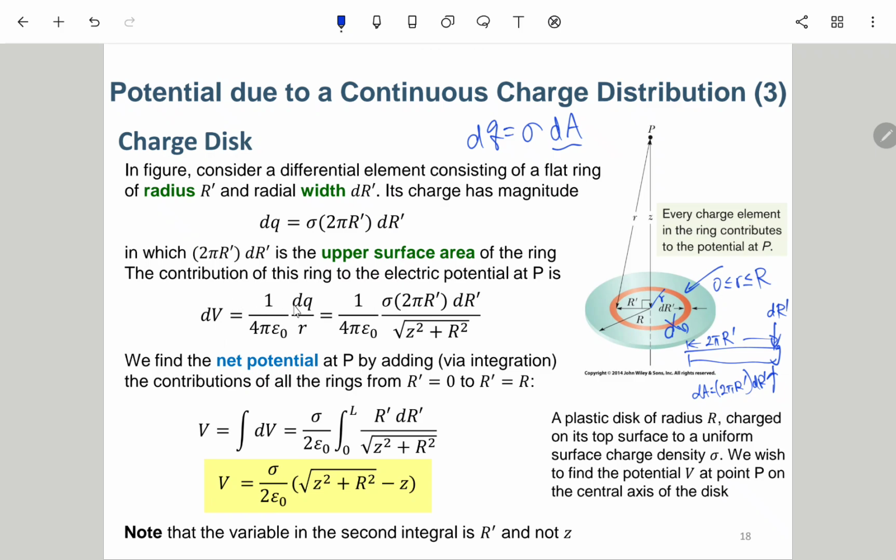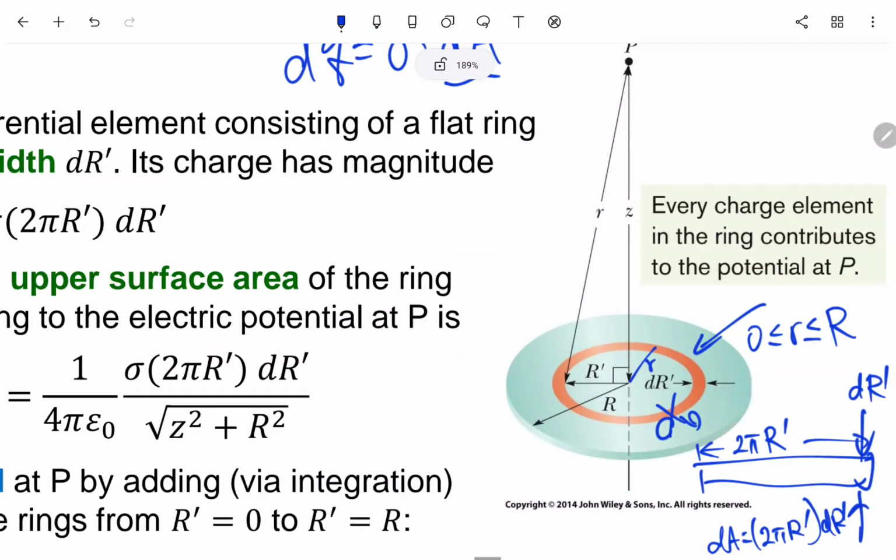So this is the dv, and then we have dq with this expression, so we can plug this expression in here. So we have k, and then this is the dA from here.